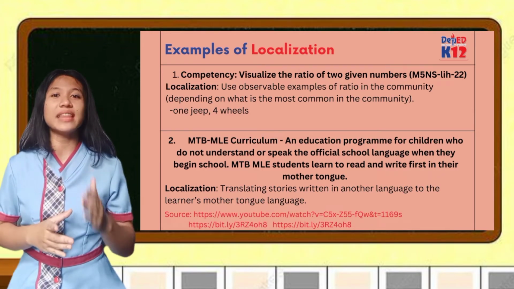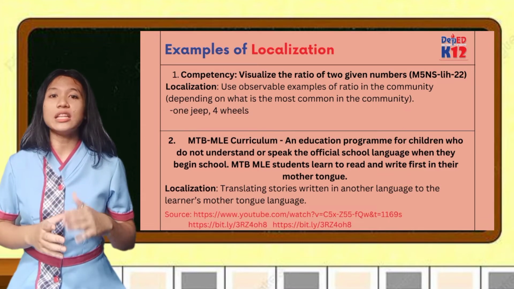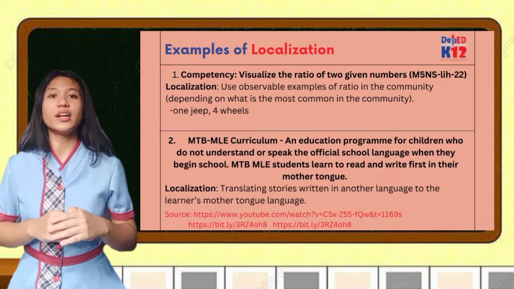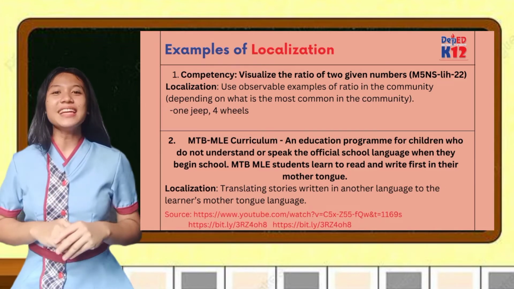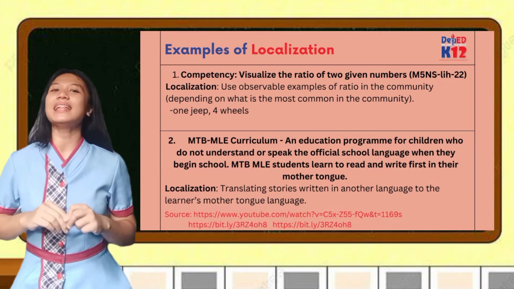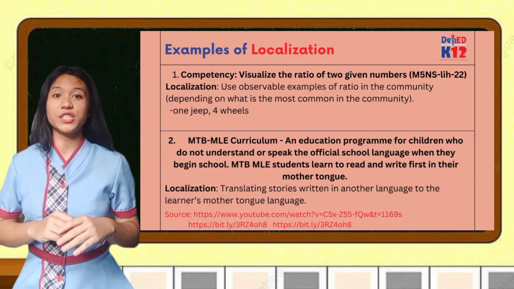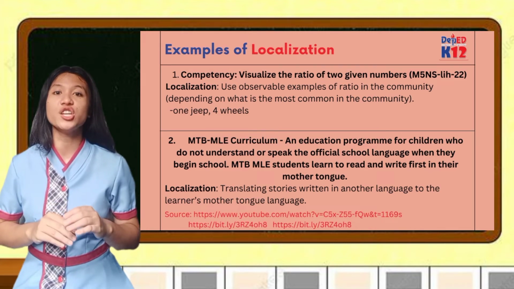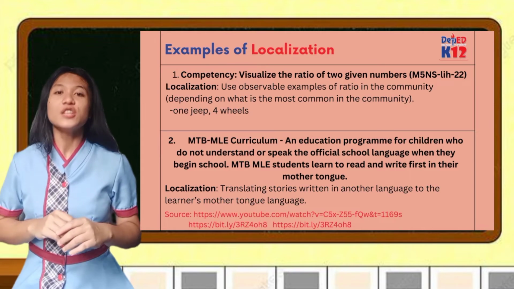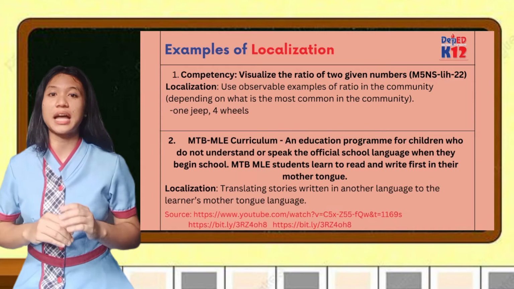They will use the things that are seen in the child's environment and incorporate them to achieve the target competency from each lesson. Another example is the MTB MLE program. It is an education program for children who do not understand or speak the official school language when they begin school. Students learn to read and write first in their mother tongue.